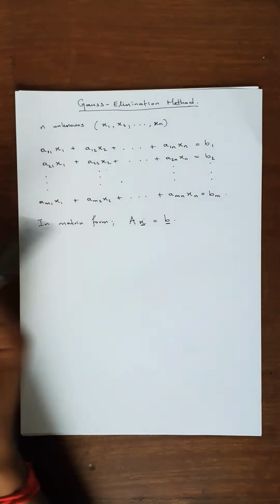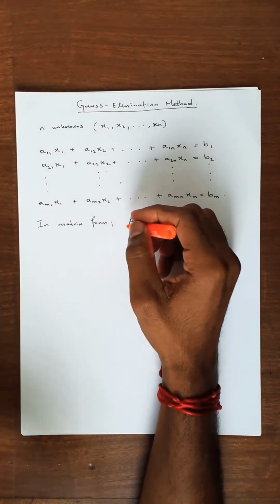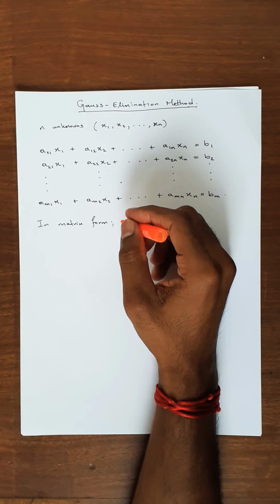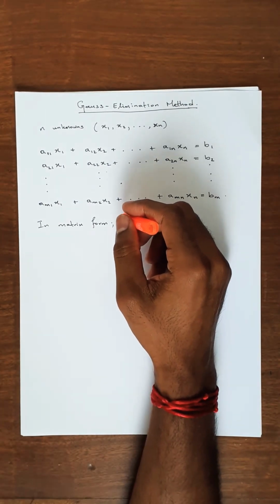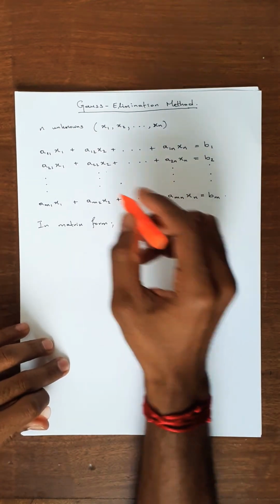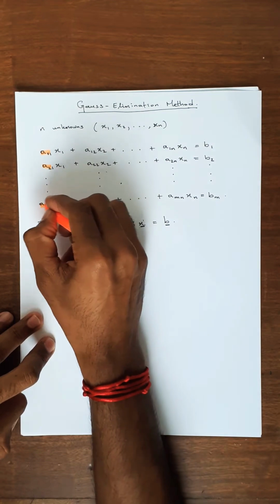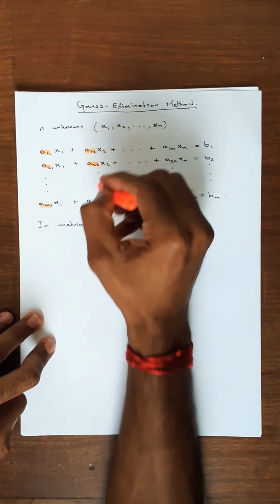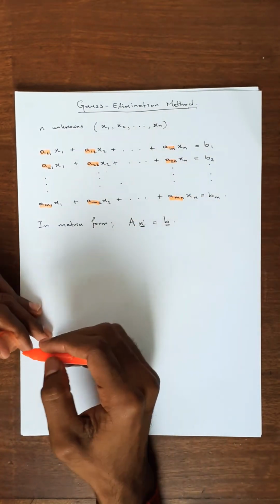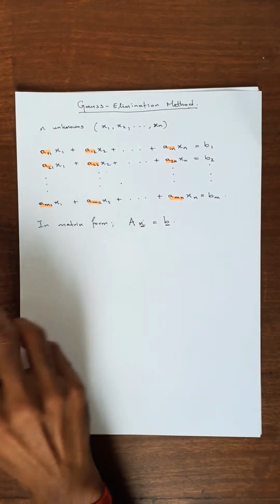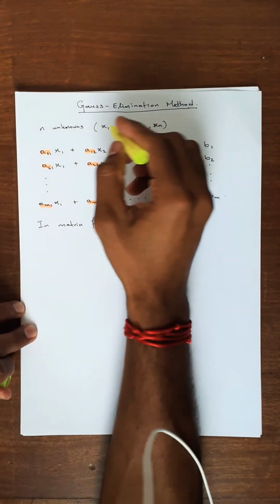So for the matrix A, sorry, let me just fix this. For the matrix A, you're going to have all these a values here. These would be your entries in your matrix. And then for this vector x, this would be your unknowns.